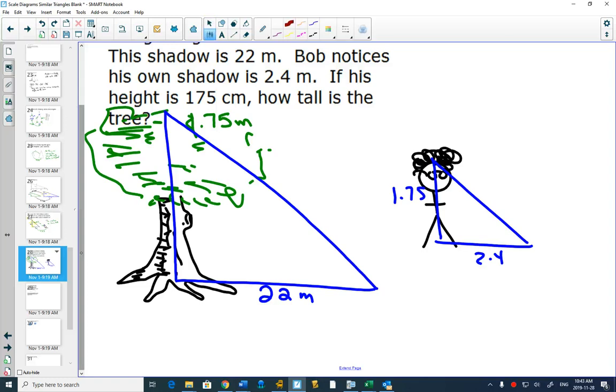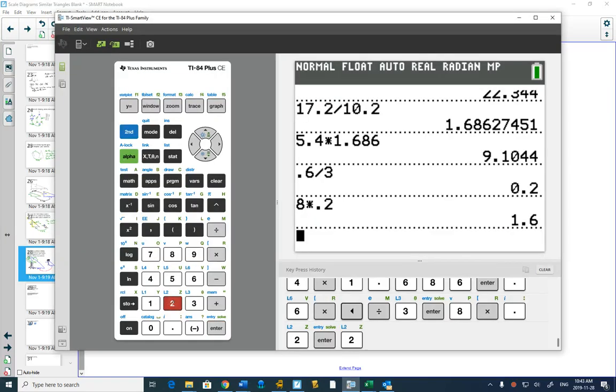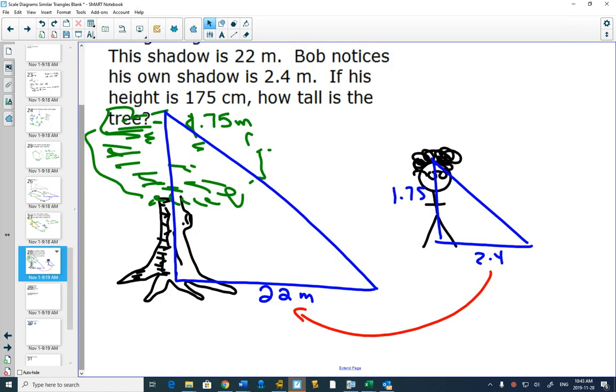So we go, if you want to go in this direction, 2.4 to 22, we'd have to multiply by something. How do we figure out what we want to multiply by? 9.16. You need to multiply by 9.16.